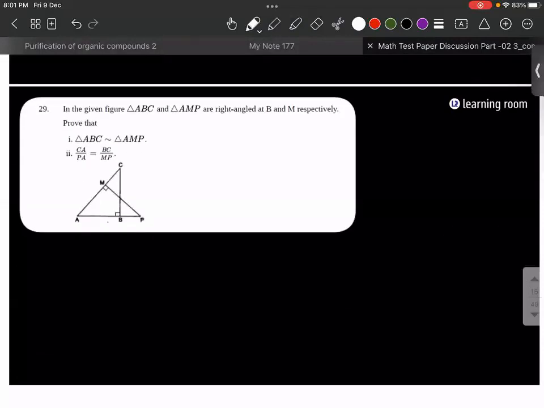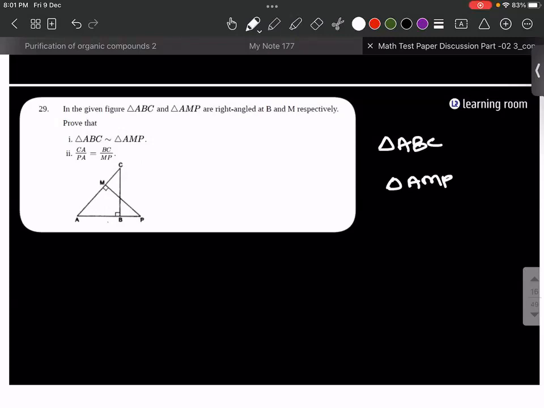In the given figure, triangle ABC and triangle AMP are right angled at B and M respectively. Prove that triangle ABC is similar to triangle AMP. How to prove? Two angles are 90 degrees, so angle ABC is equal to angle AMP, and angle A is common.